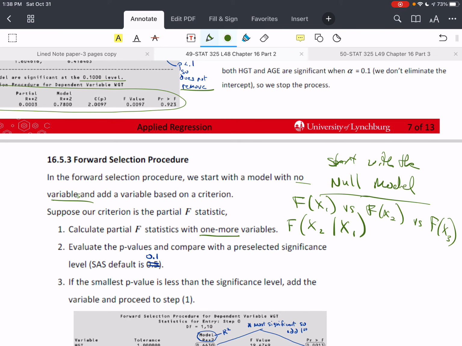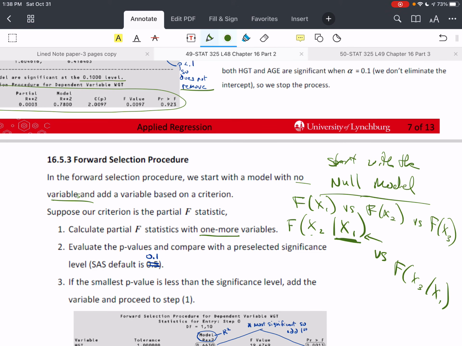Once we've put that variable in the model, let's say in this case it's x1, then we're going to look at f of x2 given x1 versus f of x3 given x1. So once x1 is in the model, it stays in the model.